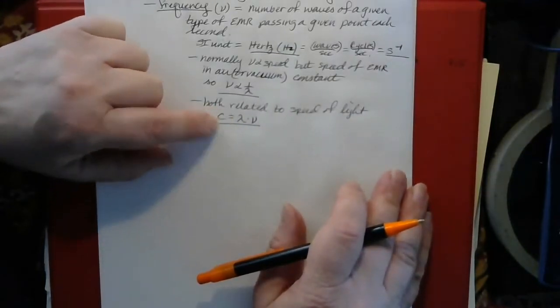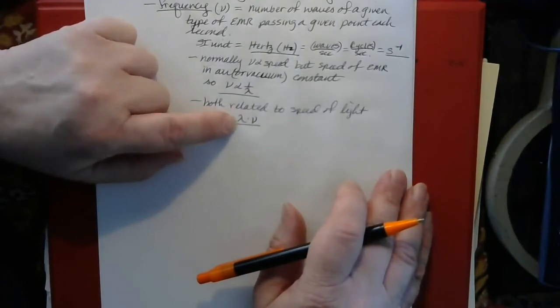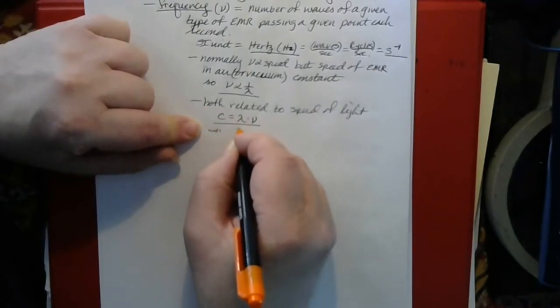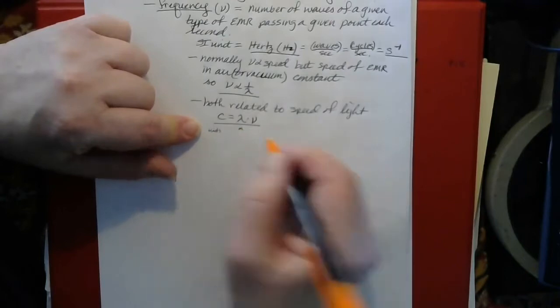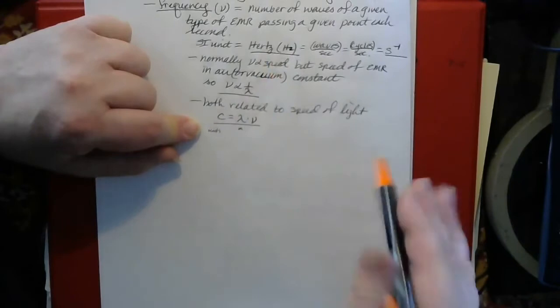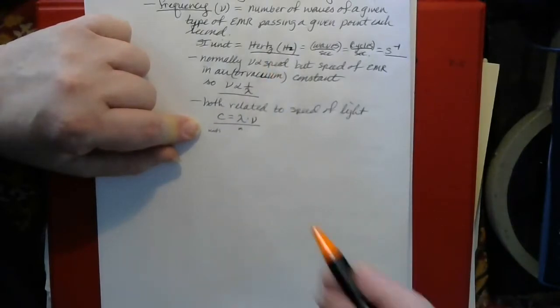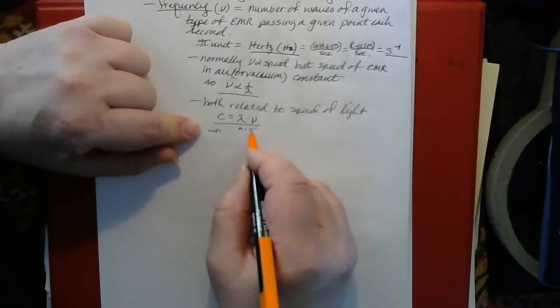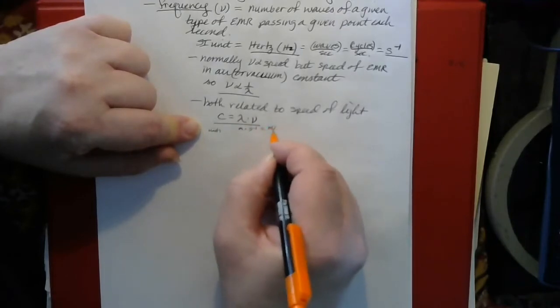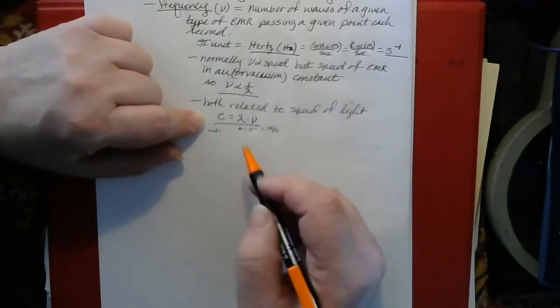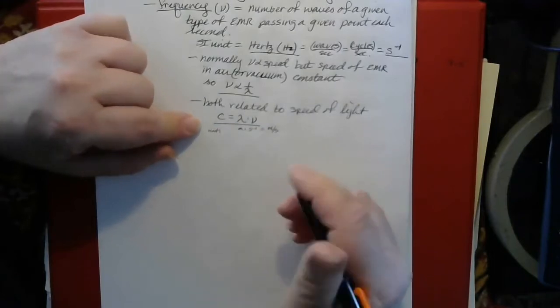This is nice, and it figures too, because if you think about the units, wavelength would be in units of meters in the SI system, and frequency would be in units of hertz, but in terms of the basic units that make it up, hertz would be considered seconds to the -1. Well, meters times seconds to the -1 would be meters per second. And that is indeed the unit for the speed of light, or any speed for that matter.